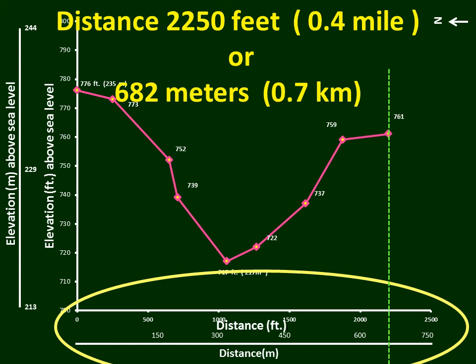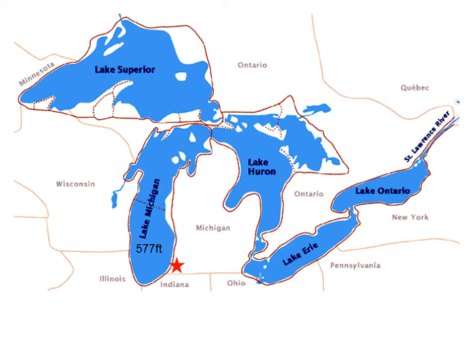That's all. And just for point of reference, that star on this map shows you exactly where this little valley is. It's in the very southwest corner of the state of Michigan and 12 miles from that shoreline of Lake Michigan, as we just pointed out.